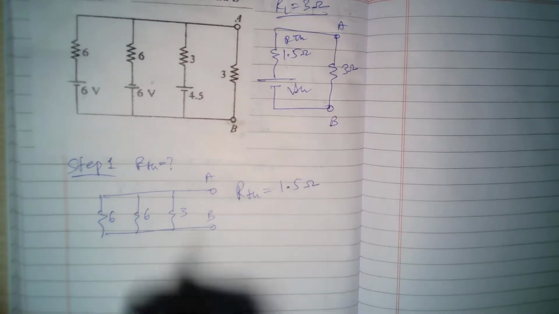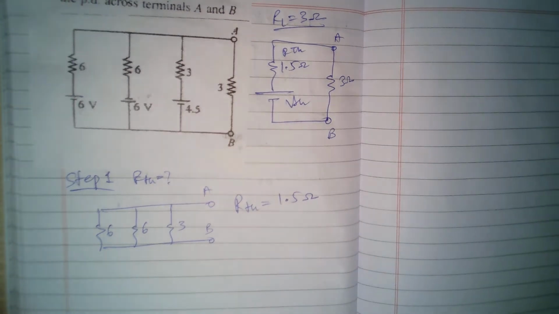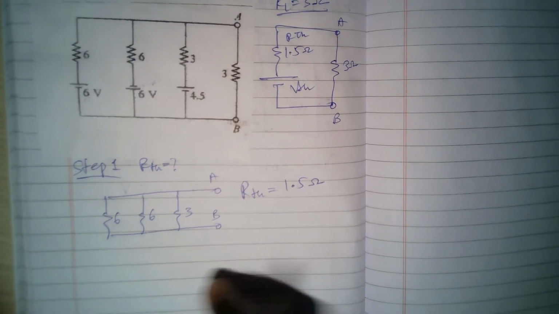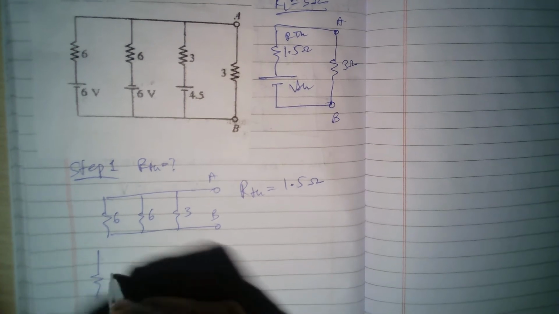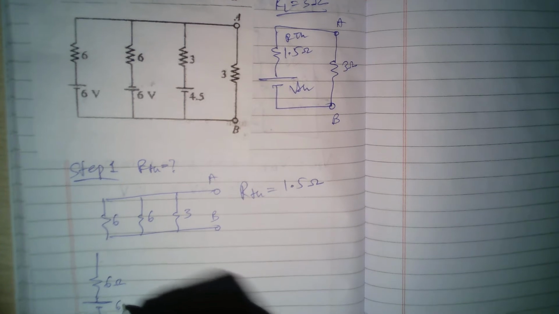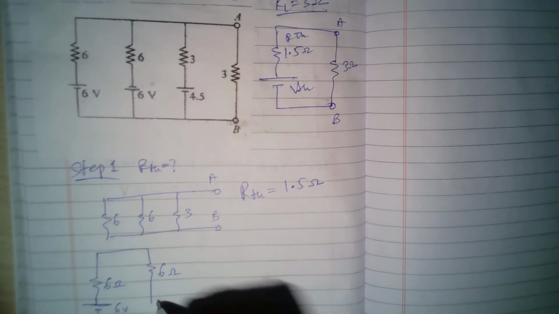Okay, so in order to determine VTH, again you have to reintroduce back all these sources, right? So let's try to do that. Okay, I'll draw the circuit here. 6 ohms, 6 volts, 6 ohms.